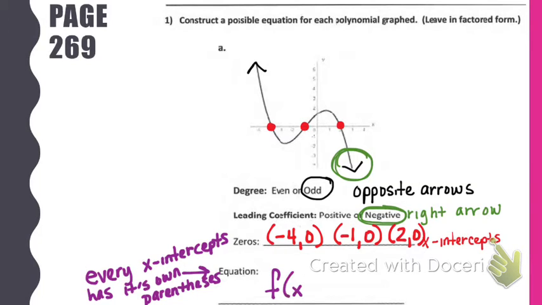So I have f of x equals, and I'm going to make 3 parentheses: 1, 2, 3.